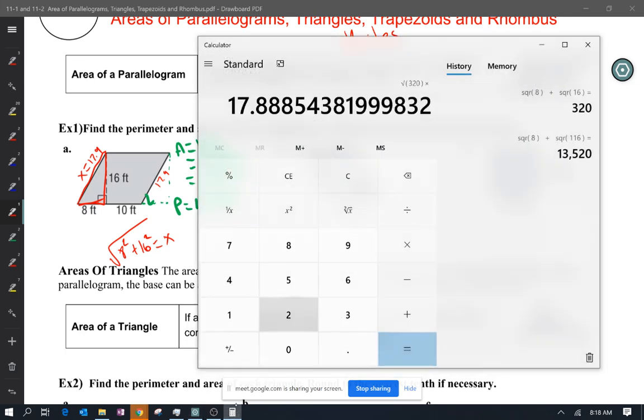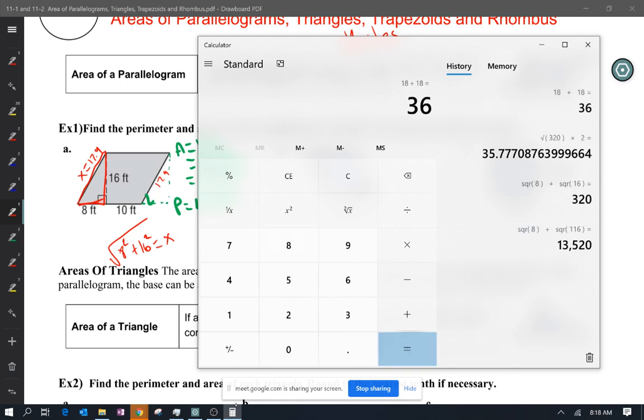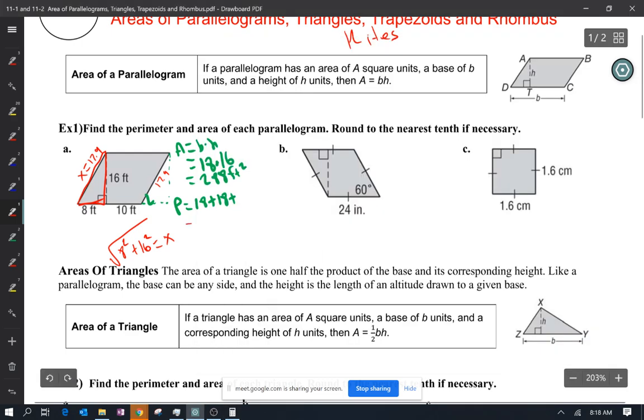So double that, plus the two bases, which was 18, plus another 18, so 36 plus 35.8, 107.8. Check my math for me, somebody. 107.8 feet. All right, and all I did was just add up the four sides.